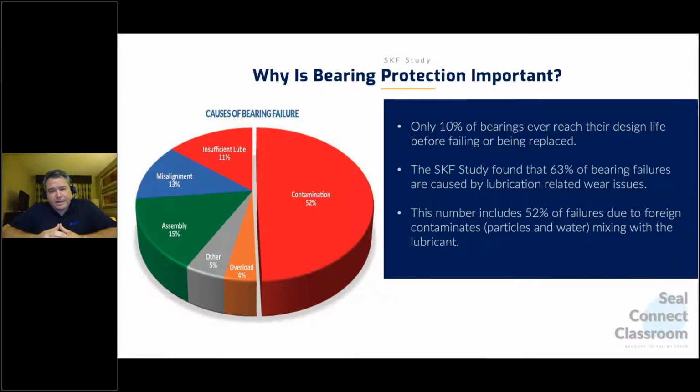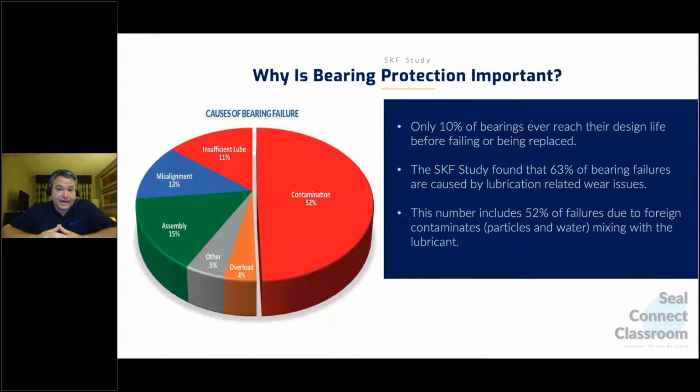It's estimated that roughly 10 million bearings are manufactured every year, and SKF says that only 10% of those bearings reach their design life. The first question you might ask is, what is design life, and how do they determine that? The L10 life is calculated by a standard. It's basically looking at a lab environment for classifying bearings.